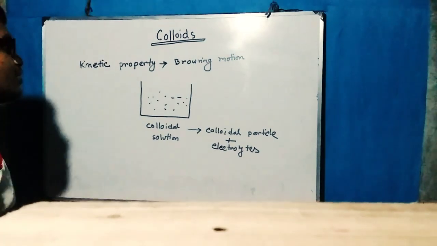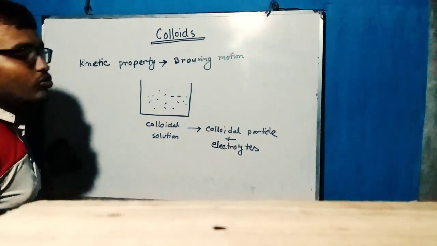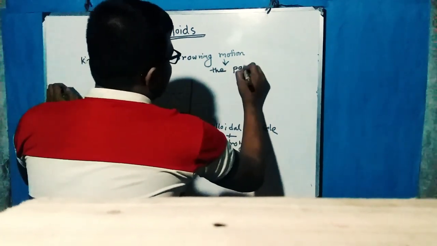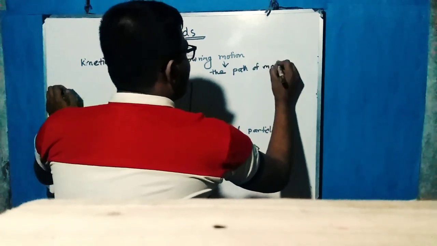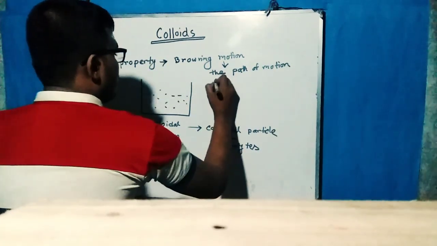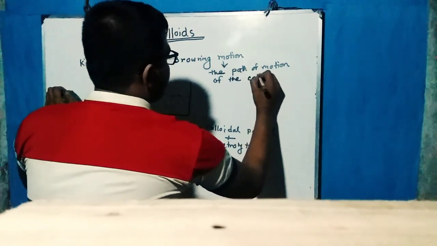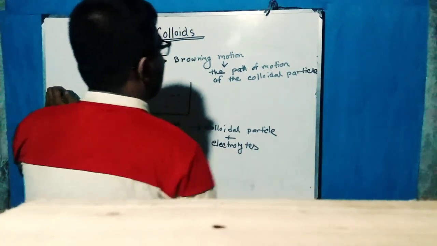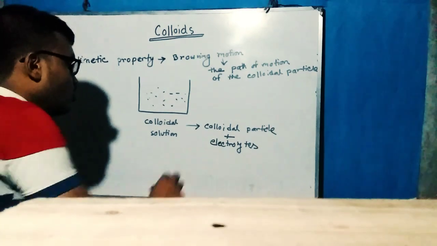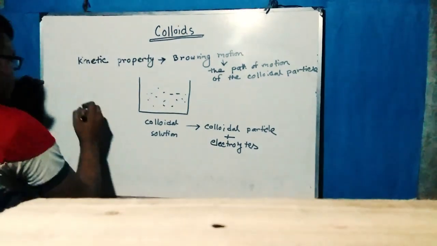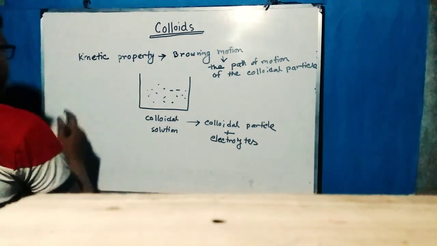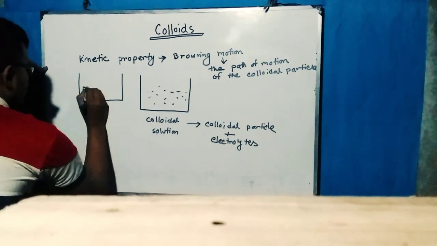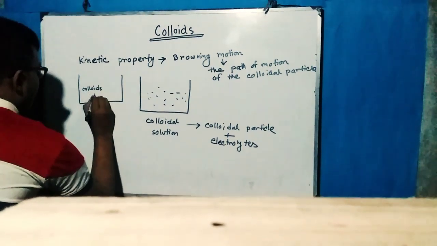From the Brownian motion we have learned the path of motion of the colloidal particle. The electrolytes are very much smaller. Suppose we have taken a container with colloids plus electrolytes.